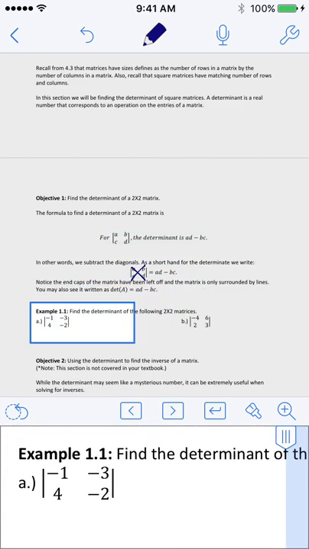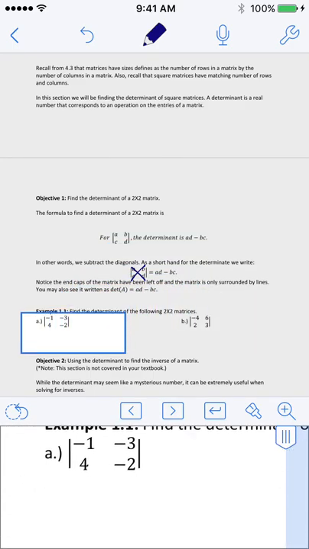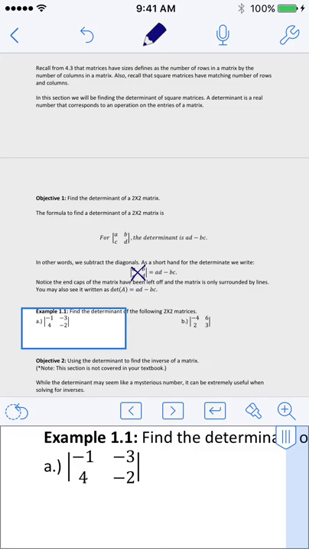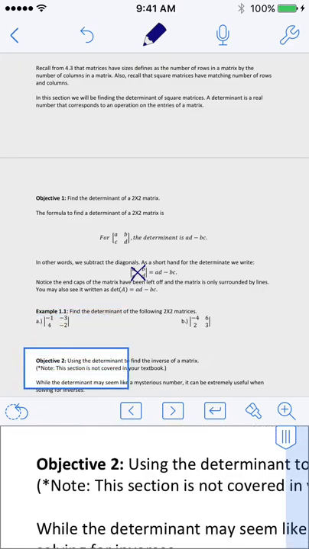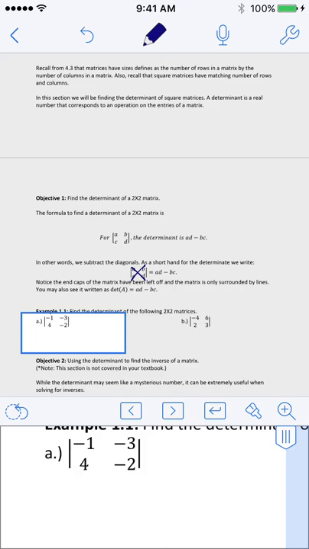So let's see if we can find the determinants of these 2x2 matrices. So we've got this one here. We were working with something very similar last time. It's a 2x2 matrix of -3, -1, 4, and -2. And if you'll notice very carefully, on the sides here, these are no longer those brackets. That was intentional, not me just not knowing where the bracket was on the note packet.